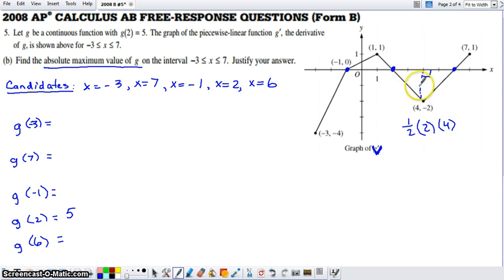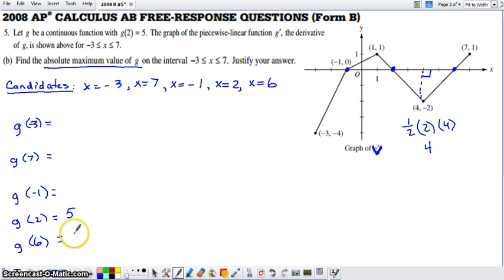So the area of this triangle right here is 1/2 times 2 times 4, or 4. Now because the function is decreasing as we go from this x value to this x value, or because the object is going backwards as we go from this t value to this t value, the distance that it's gone down, or the distance that it's gone backwards, is 4 units, or 4 values of y.